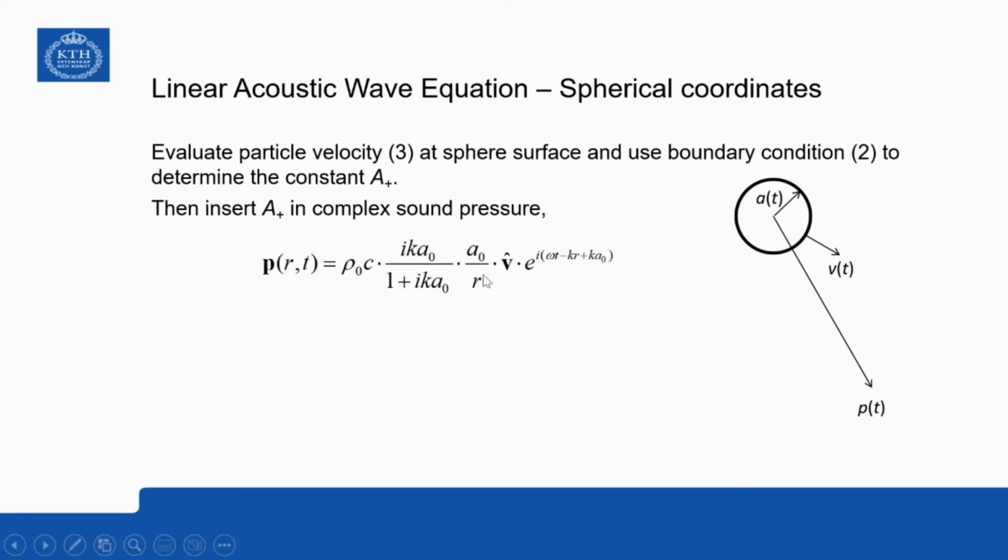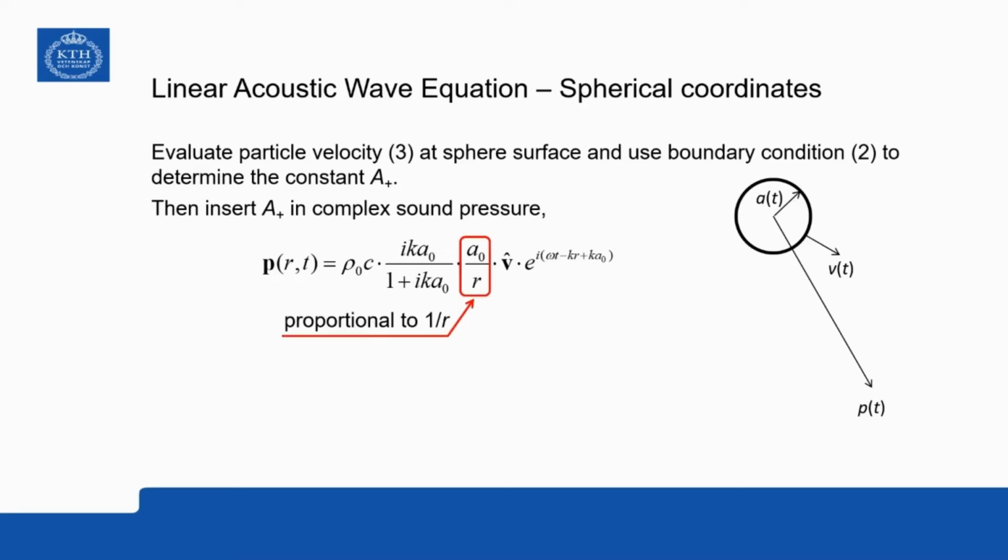So when we do this, we can determine this A plus, and introduce it in the complex sound pressure expression. And then we end up with this expression for the complex sound pressure at distance r from the sphere center. So this is the sound pressure field around the sphere, the spherically symmetric sound pressure field.